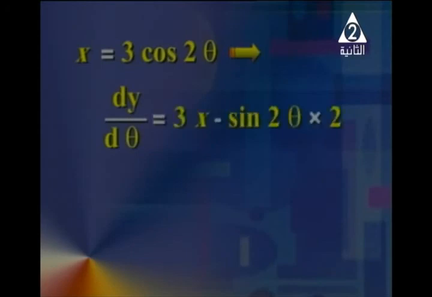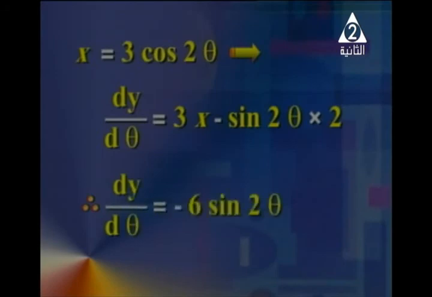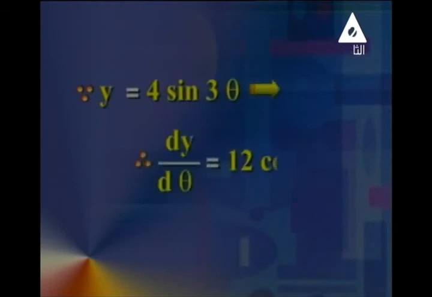When x equals 3 cosine 2 theta, dx over d theta we find is 3 times negative sine 2 theta times 2, negative 6 sine 2 theta. Since y equals 4 sine 3 theta, dy over d theta is 4 times 3, 12 cosine 3 theta.